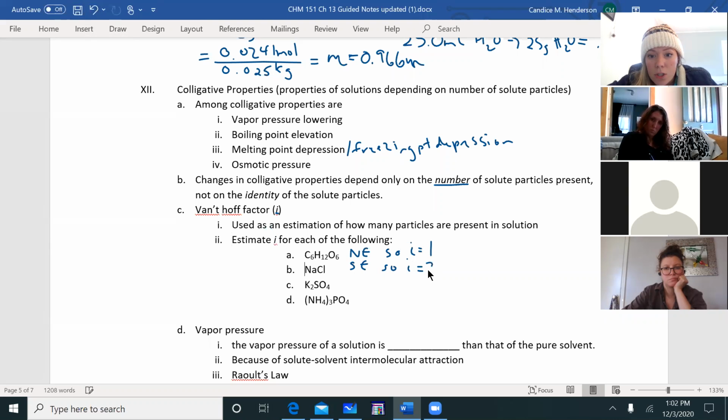Okay. I want you to try and figure out C and D as far as what its i factor would be. How many particles do you think that you'll get for each of those? It should only take you a minute or so.